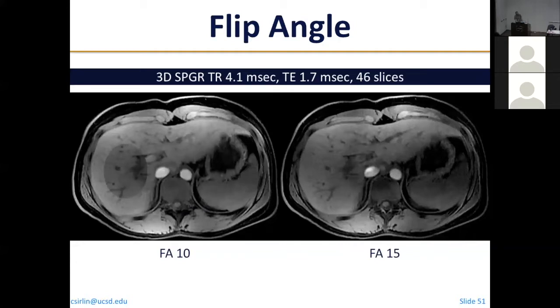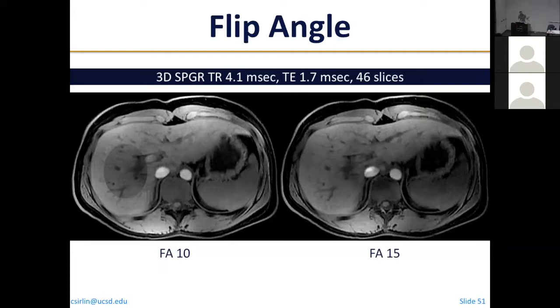Can you appreciate that this liver is darker than this liver? So this has lower signal than this image, okay? Let me do that again. This image has lower signal than this image, and if you don't believe me, there is the proof right there. Okay, so with flip angle, as the flip angle goes up, the T1 weighting goes up.